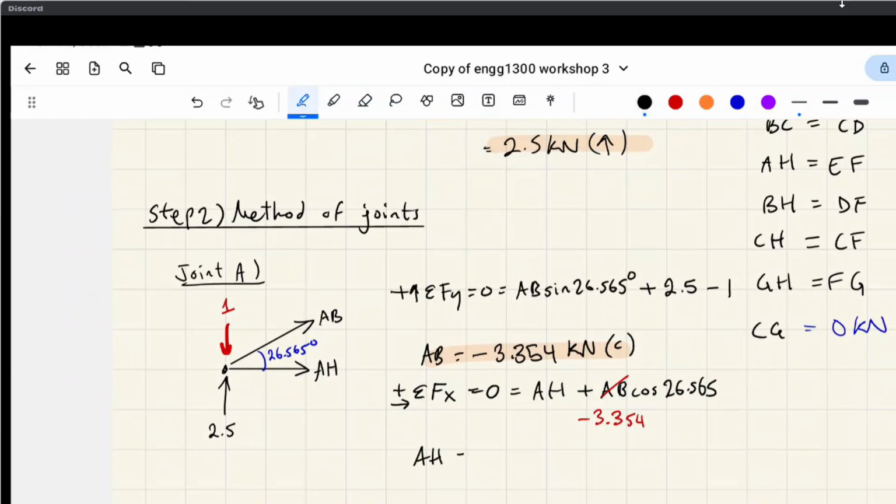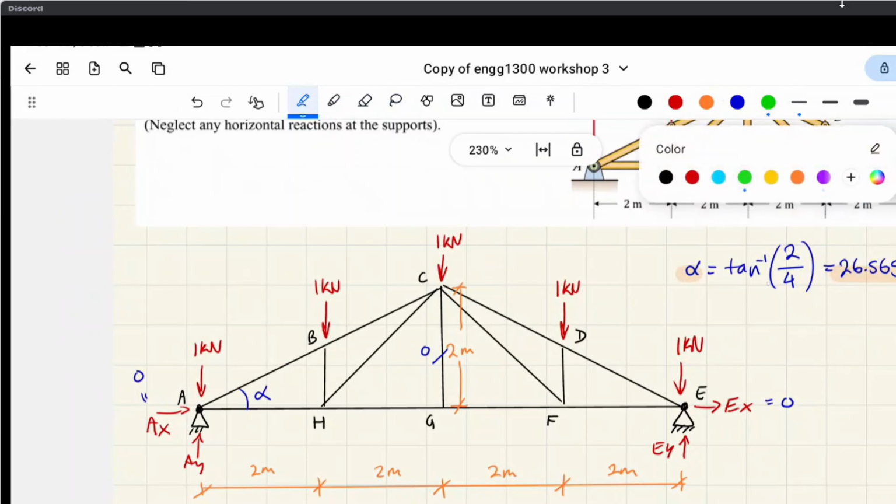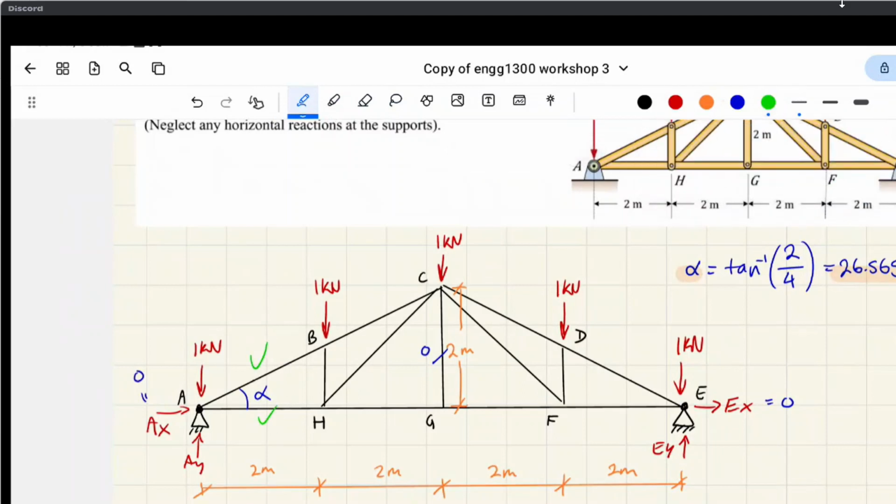And when we solve for AH, we get 3 kilonewtons in tension, right? Cool. So that's the first joint done, and that already covers these two members.